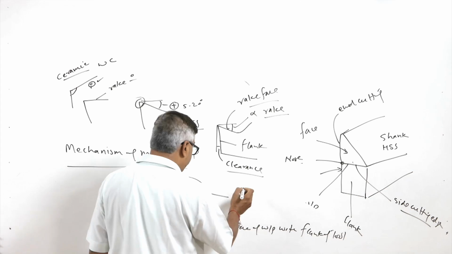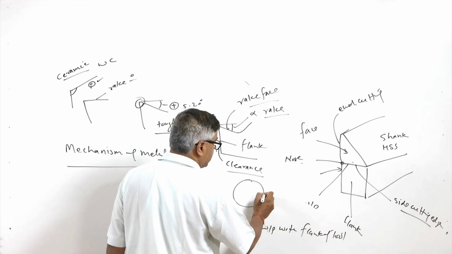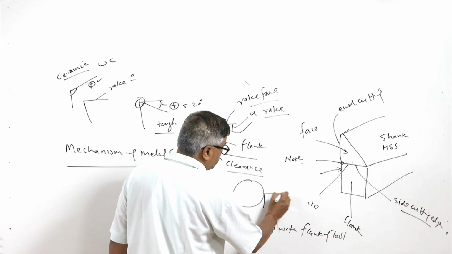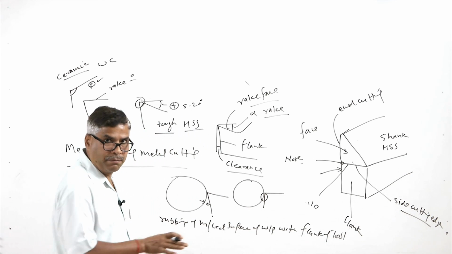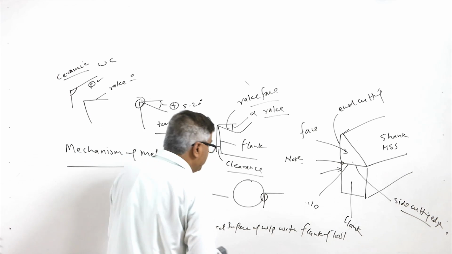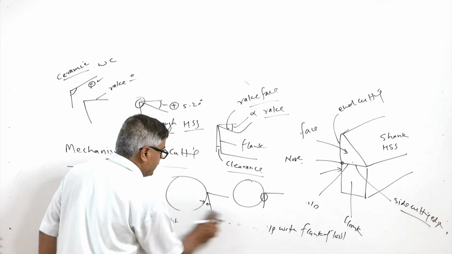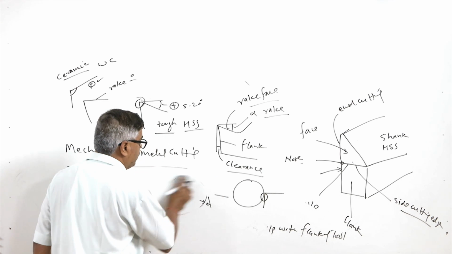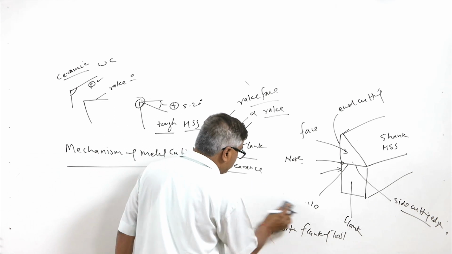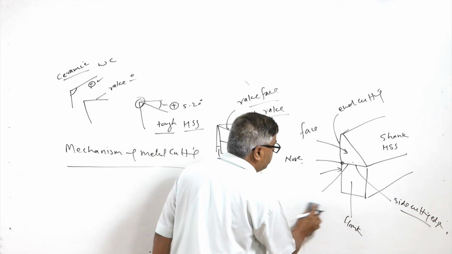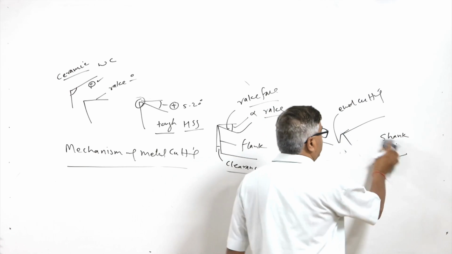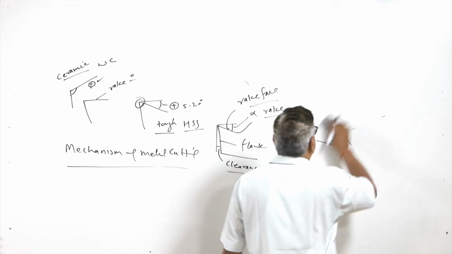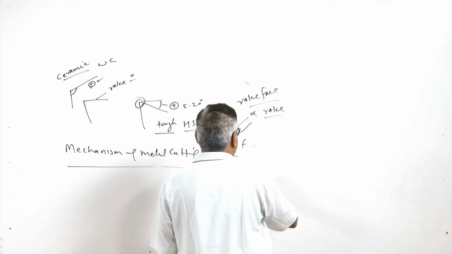inclination is given. If we do not give this kind of inclination, then this portion of the flank will be rubbing with the machined surface of the workpiece, and that is how it will adversely affect the surface finish of the machined workpiece. So, in order to avoid the rubbing of the workpiece with the tool, the clearance angle is given to the flank of the tool.